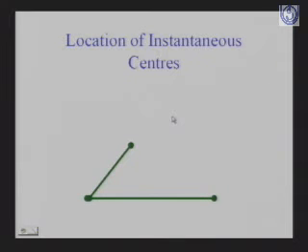After this, we can see how we can locate the position of the instantaneous center. Just see, when we have such links and they are interacting at this point, then this point is called the instantaneous center. If it is link 1 and link 2, then instantaneous center I12 will lie at the intersection of these two links.